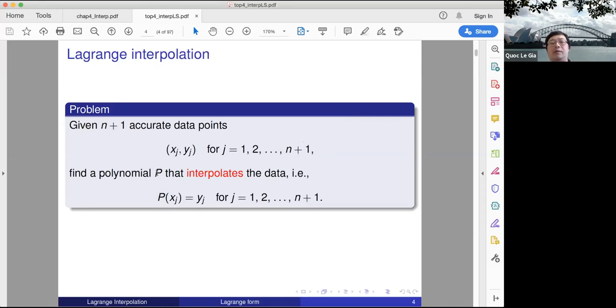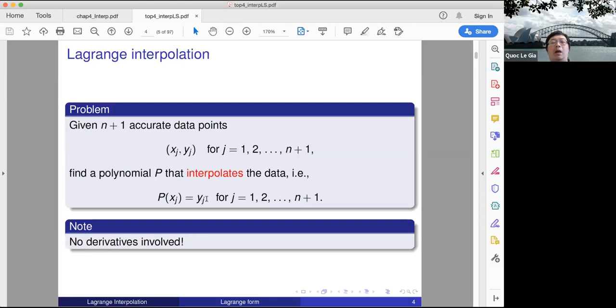If you take xj at the blue dots, then P of xj has to equal the value yj. P(xj) has to match yj. That's why it's called interpolation. Right now we don't study the derivative, so we just take point evaluations.